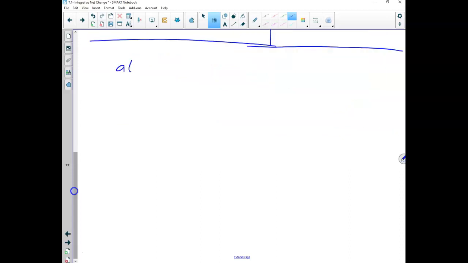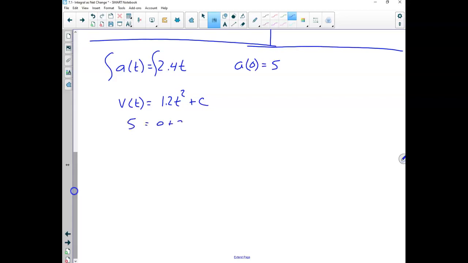If I know A of t equals 2.4t, I know the integral of A of t is V of t, which is going to give me 1.2t squared plus c. And if I know my velocity at 0 equals 5, that's going to give me 5 equals 0 plus c. V of t is going to equal 1.2t squared plus 5.